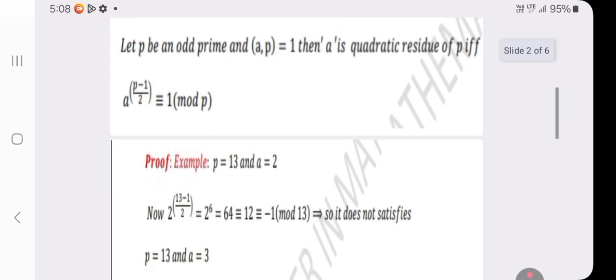Now, before proving this theorem, let us consider an example. Suppose P is an odd prime, let us say 13 and A equal to 2. Then A to the power of P minus 1 by 2 becomes 2 to the power of 13 minus 1 by 2, that is 2 power 6, which is equal to 64. When you divide 64 by 13, the remainder is going to be 12.